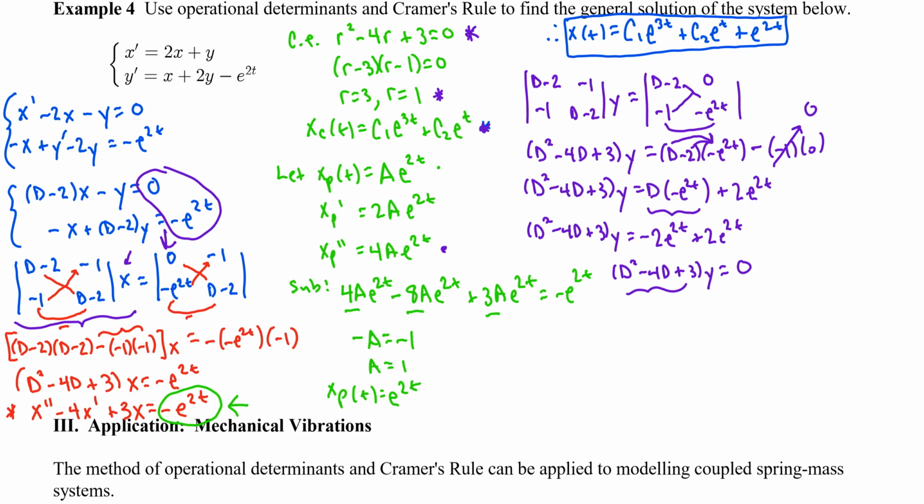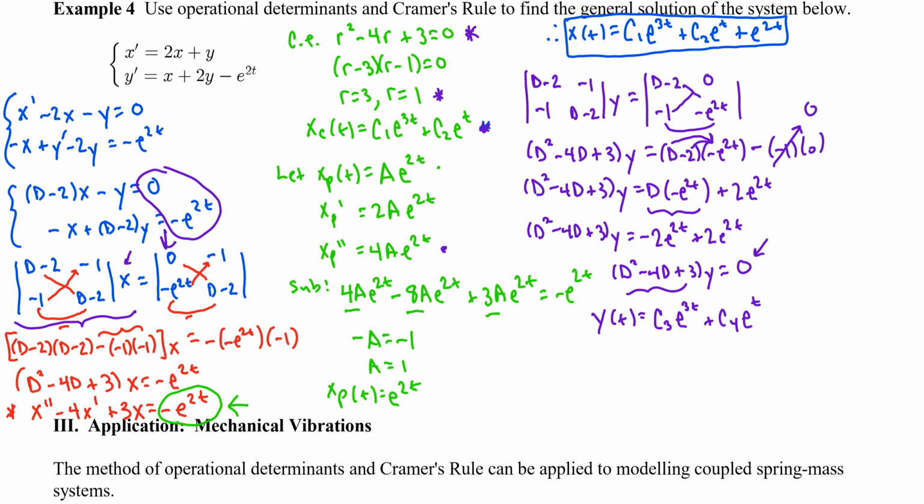There would be no need for a particular term since this is a homogeneous differential equation. We can say, therefore, y of t is, now I'm going to use different constants here. Above with x we have c1 and c2. I'm going to use c3e to the 3t plus c4e to the t.